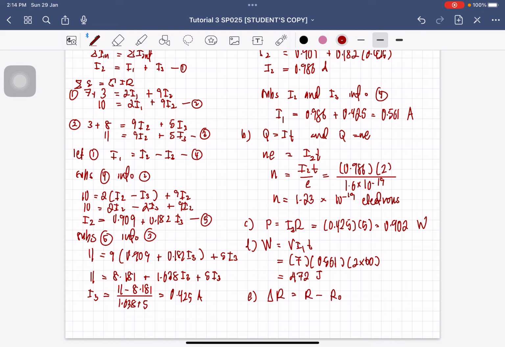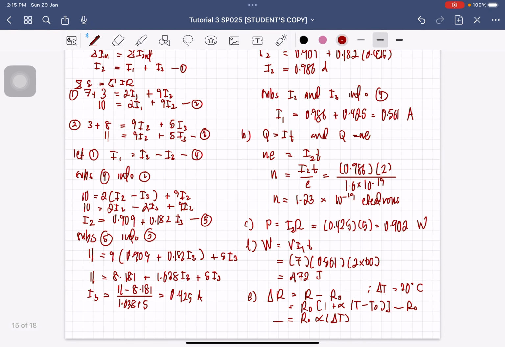So sekarang ni kita tahu R is equal to R naught 1 plus alpha T minus T naught, minus R naught. Okay, so dia cakap ada 30-degree rise, so T minus T naught is basically delta T, which is equal to 30 lah. Okay, so our equation becomes, after simplification dia jadi R naught alpha delta T, where delta T is equal to 30 degree Celsius, sebab dia cakap ada 30 degree rise.